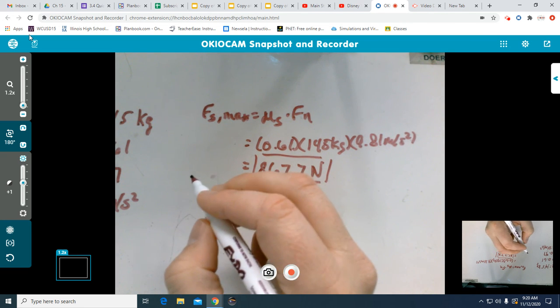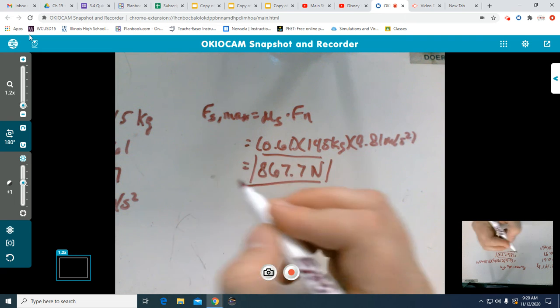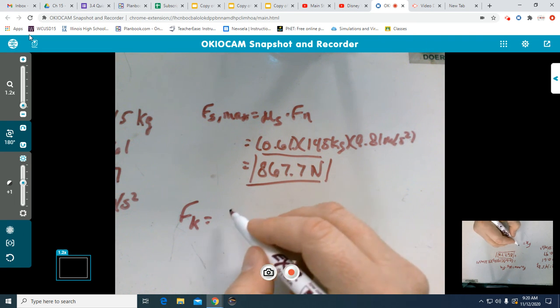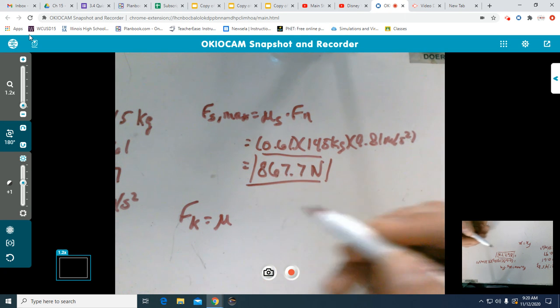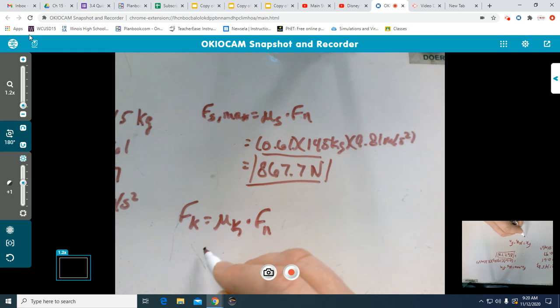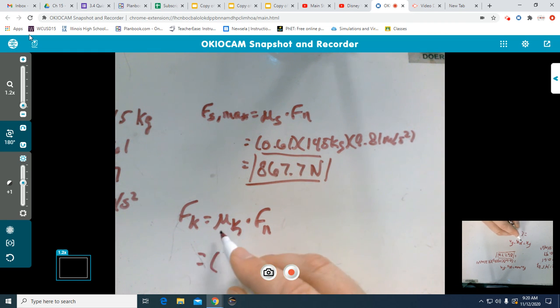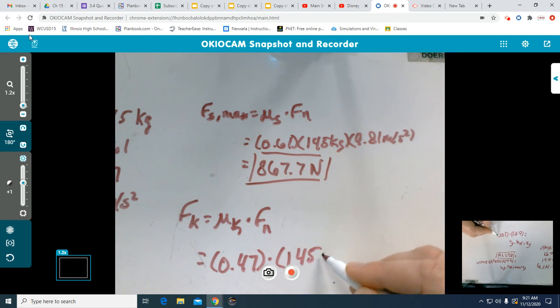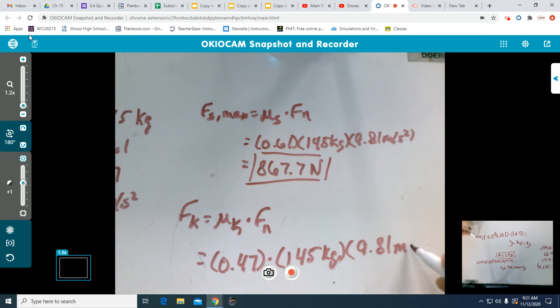And since we're talking forces, the unit is newtons. So that's the first answer. Next thing is we need to calculate the Fk. That's going to be that same formula rearranged, mu k times normal force. The coefficient of kinetic friction was 0.47 multiplied by, again, 145 kilograms times 9.81 meters per second squared.